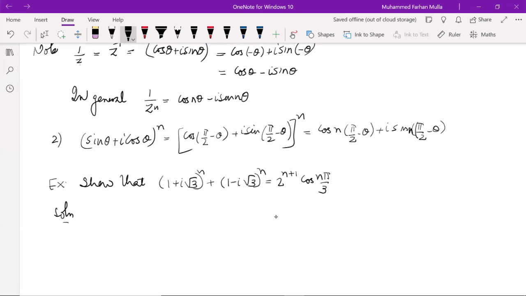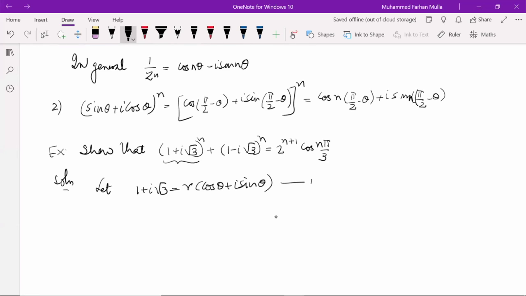First of all, I will simplify what is 1 plus I root 3. So let me write 1 plus I root 3 in the polar form as r cos theta plus I sine theta. If you want, you can call this equation number 1. If you equate real and imaginary parts, then 1 is equal to r cos theta and root 3 is equal to r sine theta.